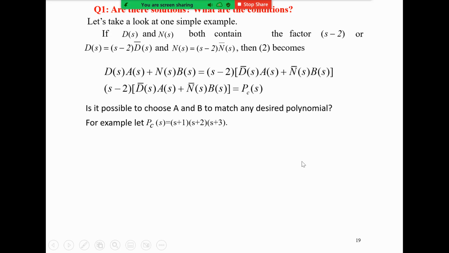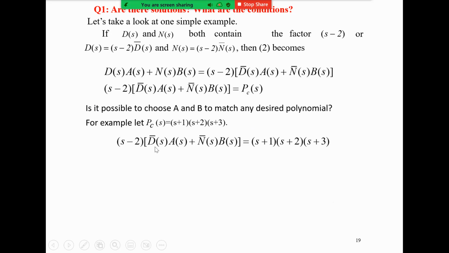Now, here is the question. Is it possible to choose A and B, those polynomials, to match any desired polynomial? For example, let's choose the desired polynomial to be in this form, where all those stable poles are placed at minus 1, minus 2, minus 3.